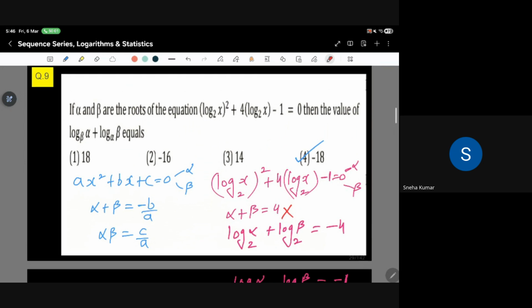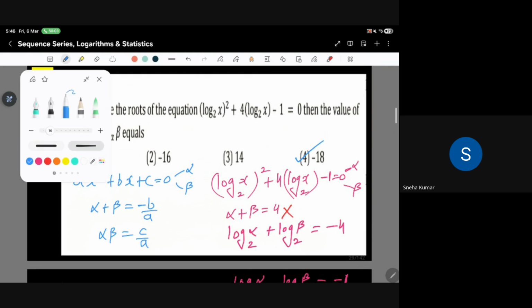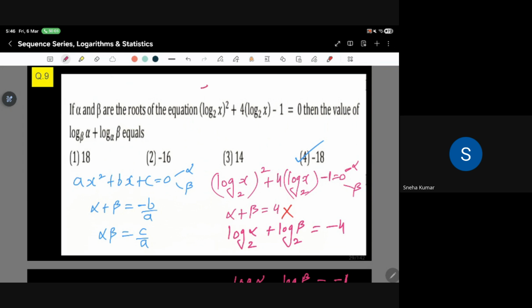Similarly, if the quadratic equation is in the form of e to the power 2x plus 3 times e to the power x minus 5 equal to 0, and its roots are alpha and beta, then the sum of the roots, e to the power alpha plus e to the power beta, is minus 3, and the product of the roots, e to the power alpha times e to the power beta, equals minus 5.